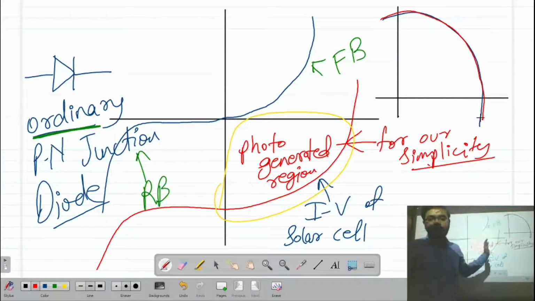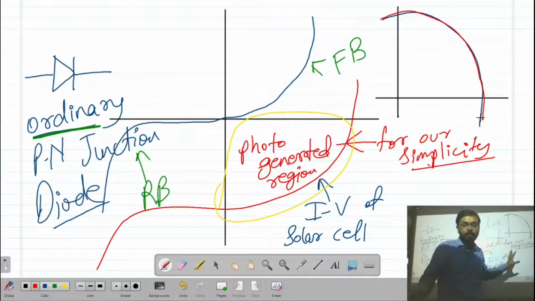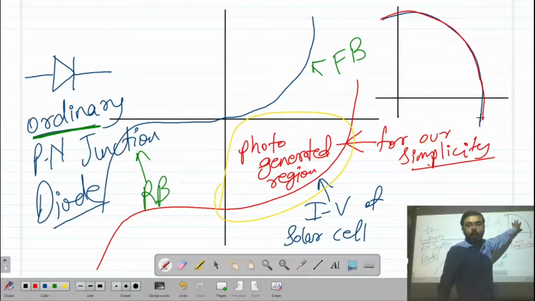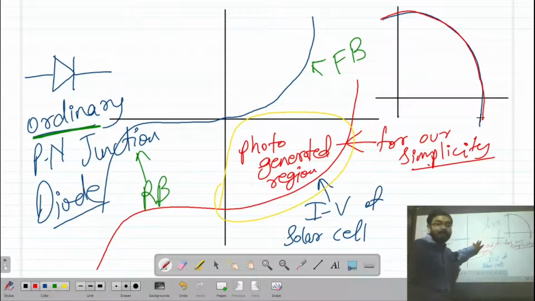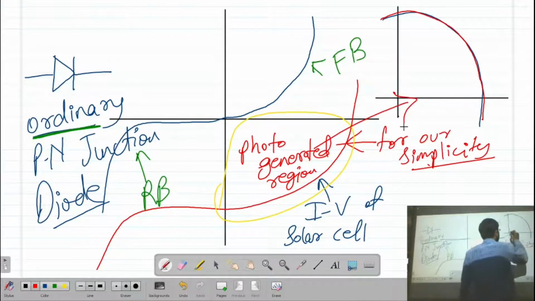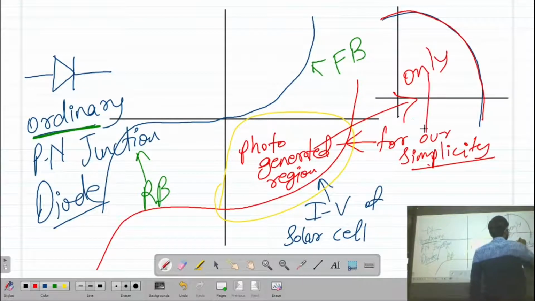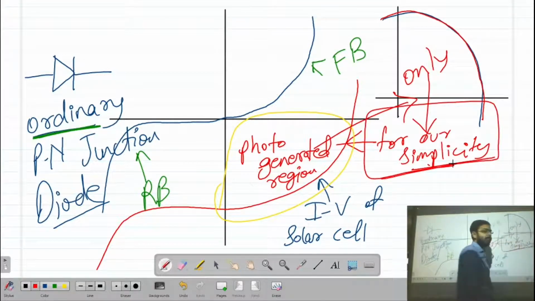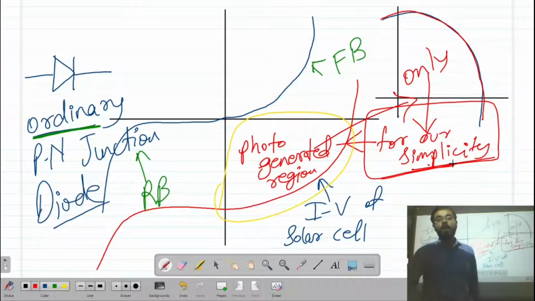I am taking this just for clarification, so don't get confused why we take the first quadrant in some topics or exercises when it is actually generated in the fourth quadrant. We are considering this only for simplicity. So I just want to make this clarification regarding the IV characteristics of a solar cell and PN junction, right? Don't get confused over there.